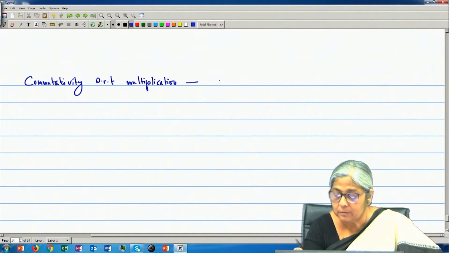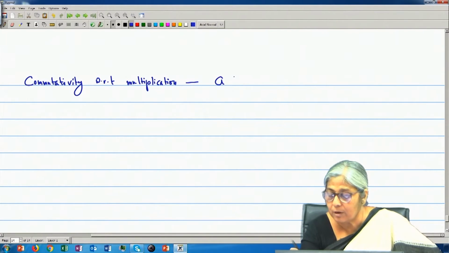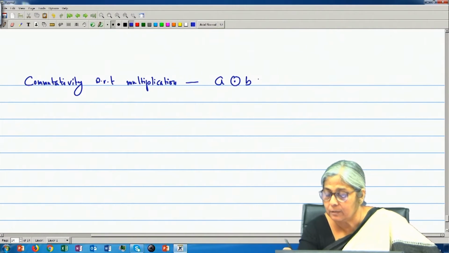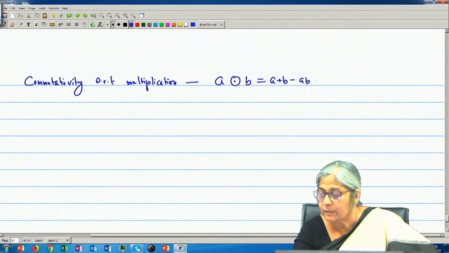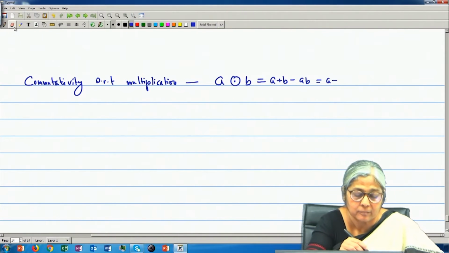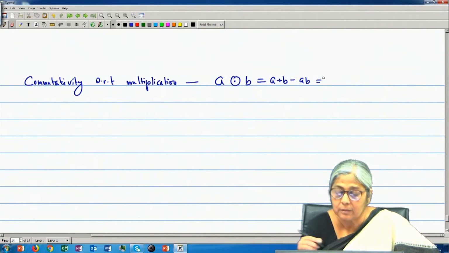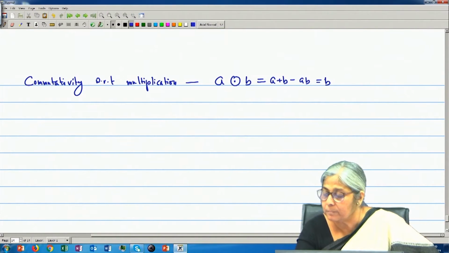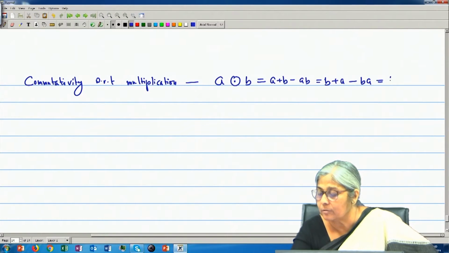So, this is if I take a, b belongs to R. So, this a star b is a plus b minus ab, equal to a plus, or I can write b plus a, same thing. I can write b plus a minus ba equal to b star a.